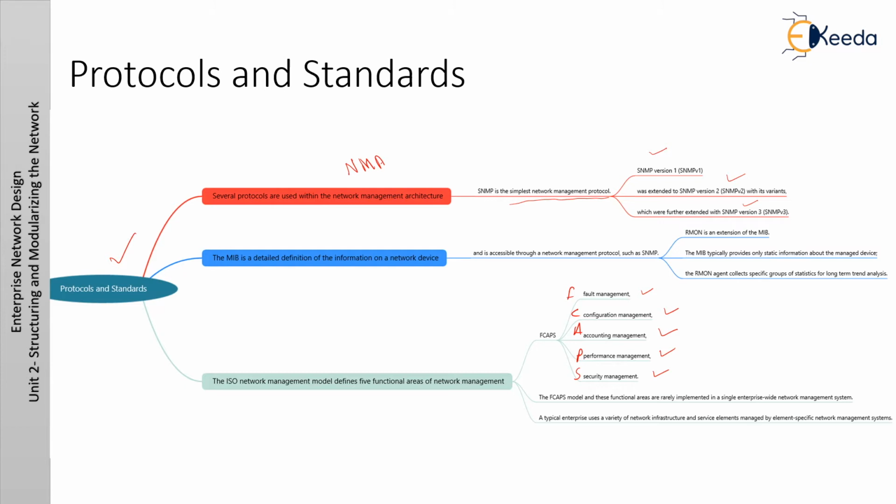The FCAPS model and these functional areas are rarely implemented in a single enterprise-wide network management system. A typical enterprise uses a variety of network infrastructure and service elements managed by element-specific network management systems. So this is the protocol and standard.